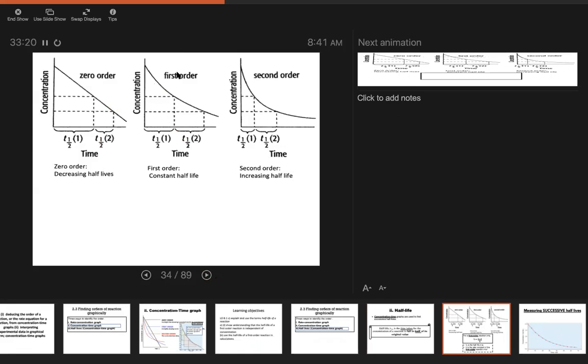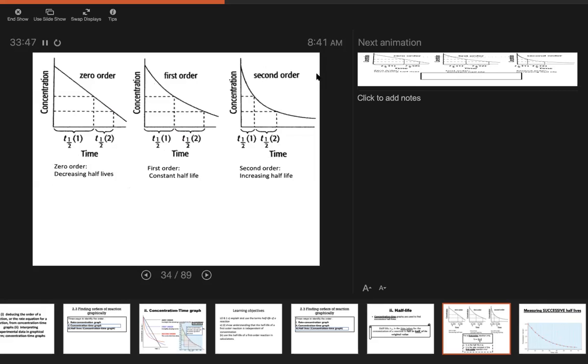Okay, so this is your zero, first, and second order. How do we find half-life? Tomorrow, I'm going to teach you how to find half-life, but these are the features of your zero, first, and second order, okay? Basically, for your zero order, the half-lives will decrease. It gets smaller. For your first order, the half-life is constant.